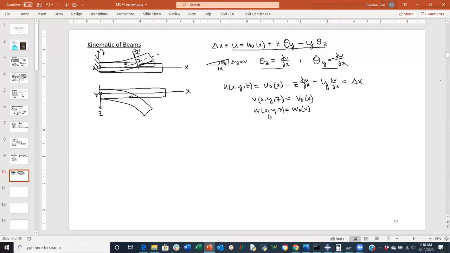The next thing we need to establish is our kinematic relations to strain. So if everybody knows, longitudinal strain for a beam would be the elongation delta L divided by L, or elongation in the x direction, whatever respective x length that you choose.